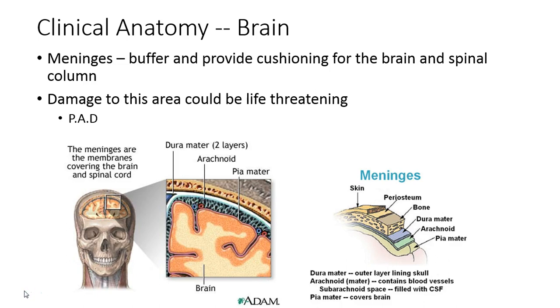So starting closest to the brain, you have the pia mater that covers the brain. And then you have a space in between that contains a lot of blood vessels, and it sort of looks like a spider web, and for that reason it's been called the arachnoid matter. And then you have two layers getting closer to the surface where the skull is. You have two layers of dura mater.